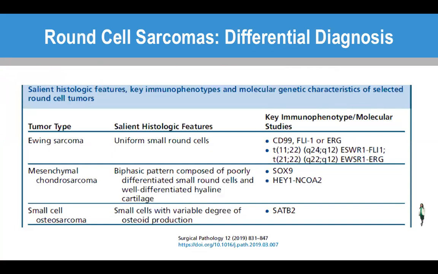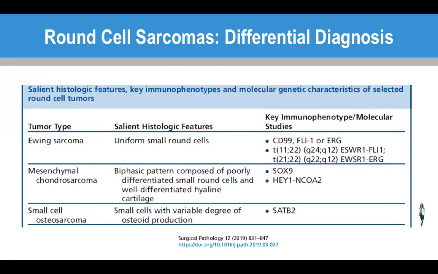So this is a good place to talk about the differential diagnosis of round cell sarcoma. So the big one is Ewing sarcoma. So we discussed the H&E, IHC, and molecular signature. The second is mesenchymal chondrosarcoma, which has this biphasic pattern, with small blue round cell tumor and well-differentiated hyaline cartilage.